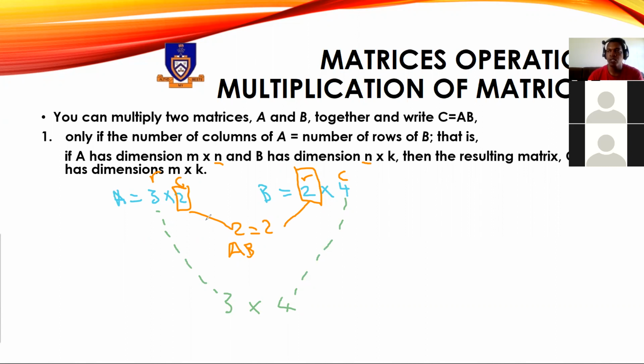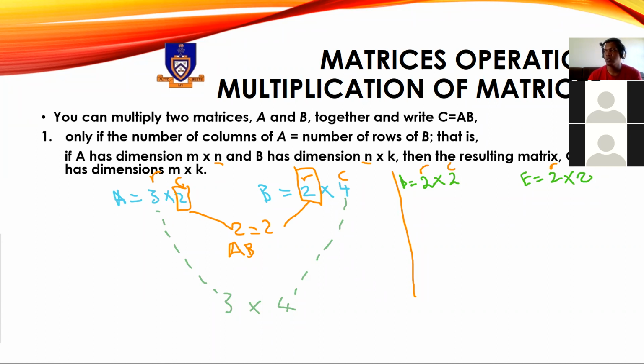Now this is just the way I represented it. However, there is one exception, when we have equal matrices. For example, if we have a 2 by 2 matrix, let's say this is D, and we have E, which is also a 2 by 2 matrix, then this is your row, this is your column.